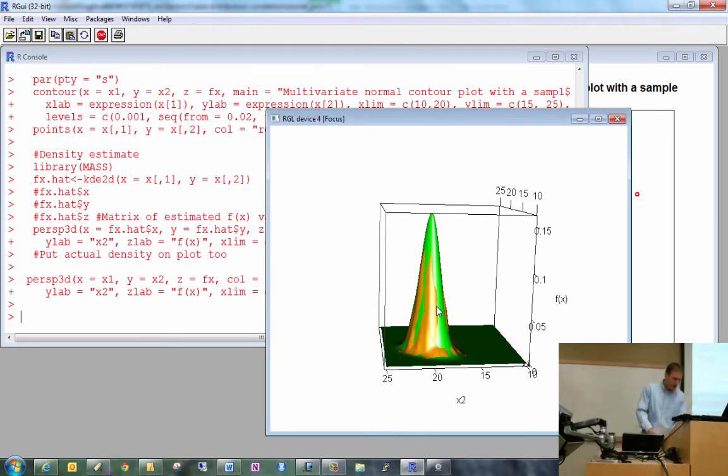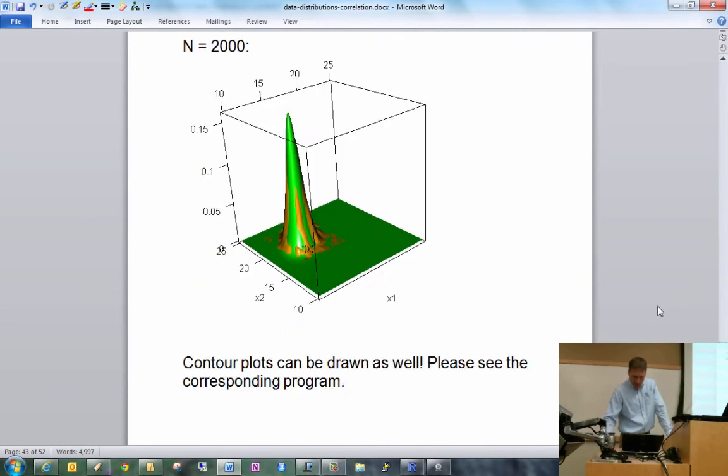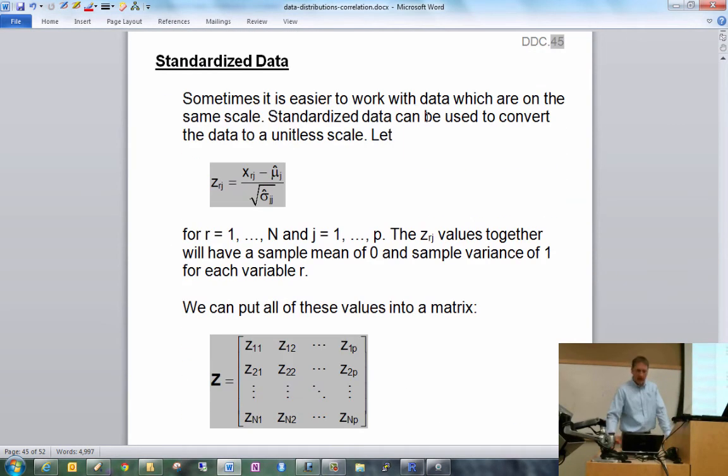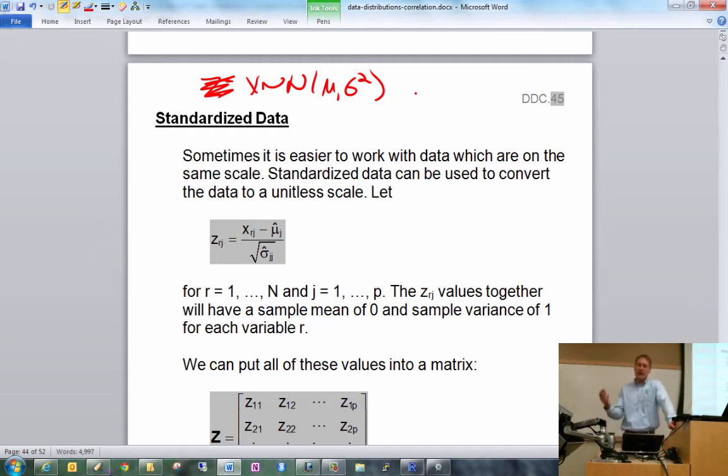Okay, let's move on. Let's now talk about standardizing data. I think all of you have done this in some context before. So this is just making sure that you understand it and what we're going to be doing in this class. In your very first stat course, and I think they were actually doing this in Stat 801 before we came in here today, they were saying, let X be distributed normal mu, sigma squared, and then how could I transform this to a standard normal distribution?